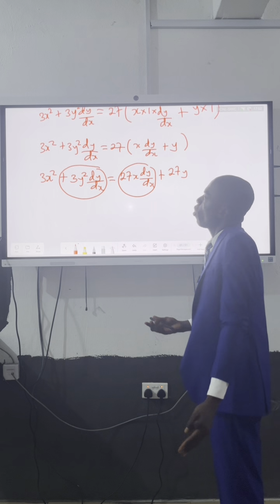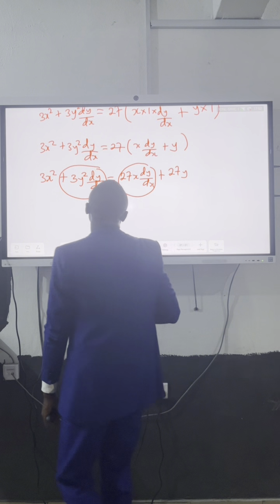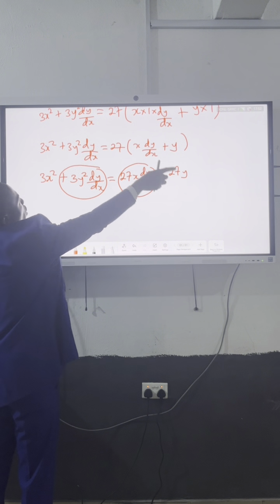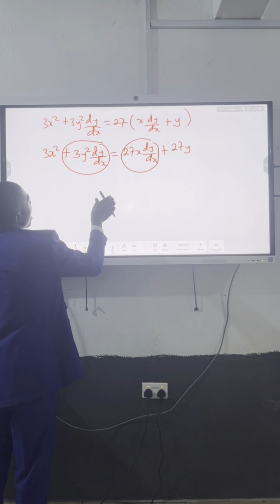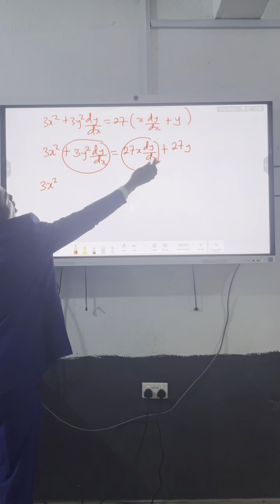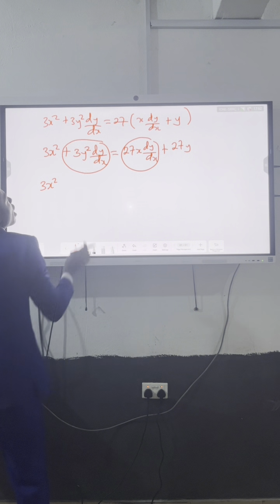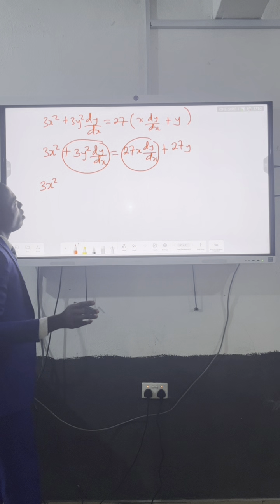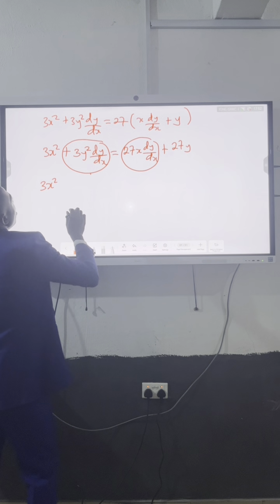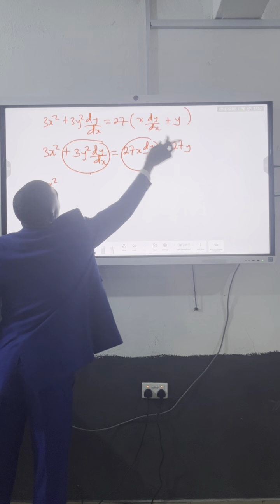All right, so let's move this one to this side and remove this one to the other side. I said we should move this one over instead. So we leave this one here and bring this one to this side.